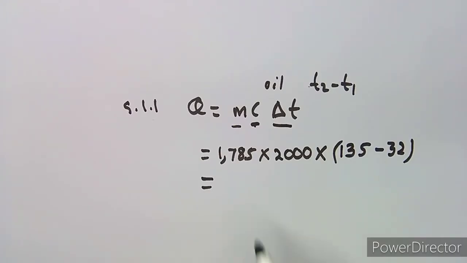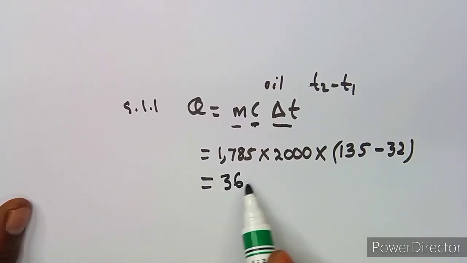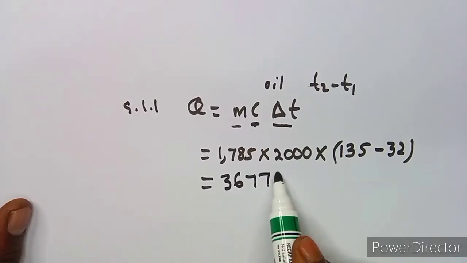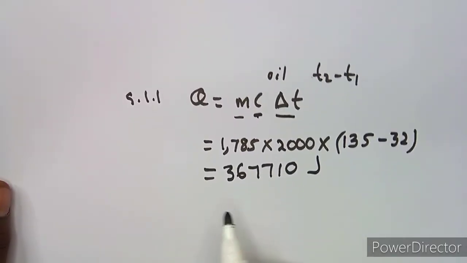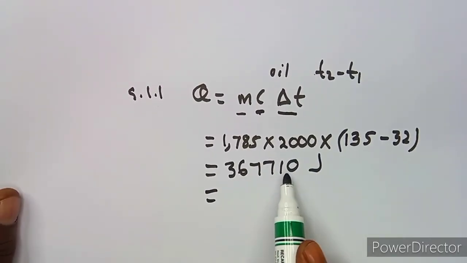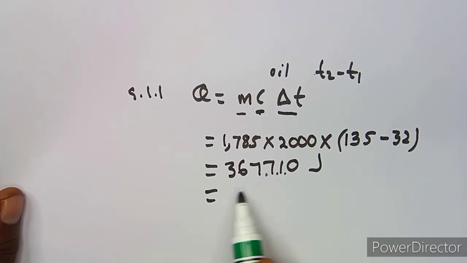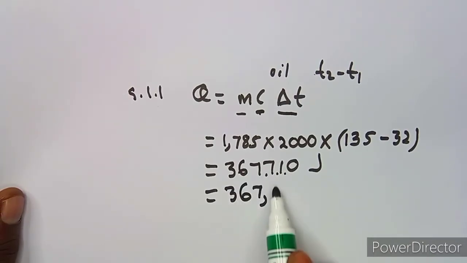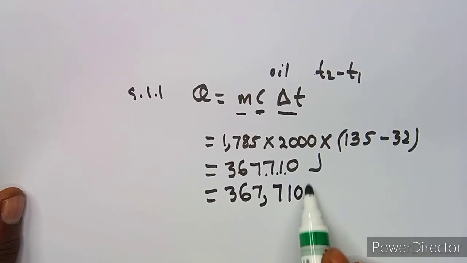So you're going to obtain something like 367,710 joules, okay, which can be in kilojoules. That's 367.710 kilojoules.